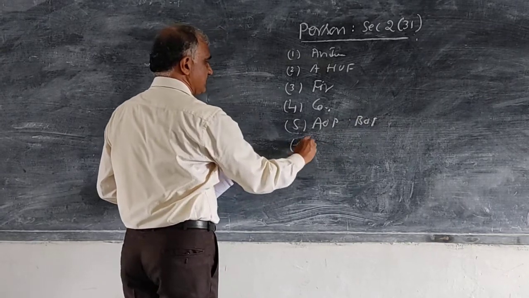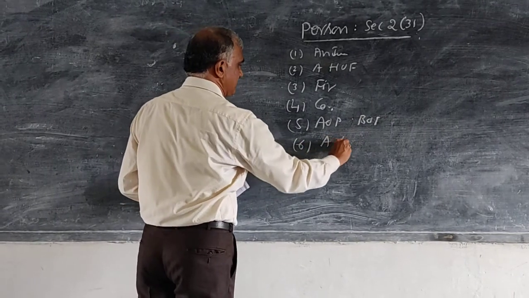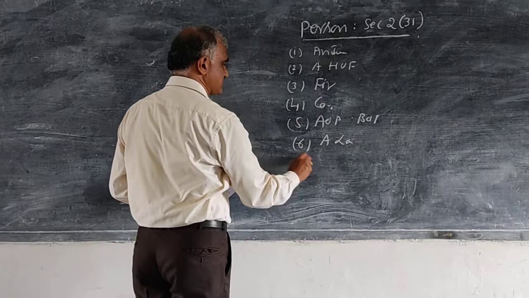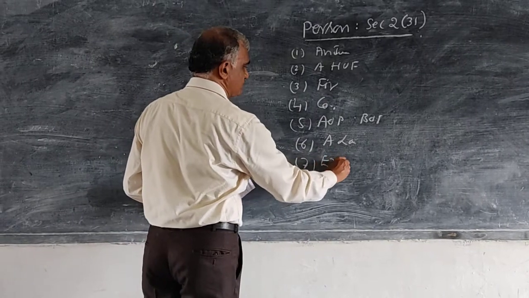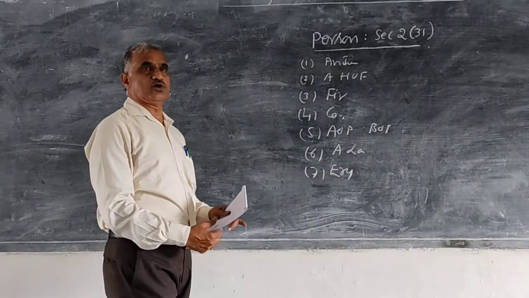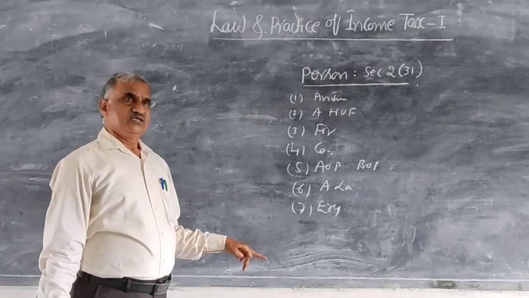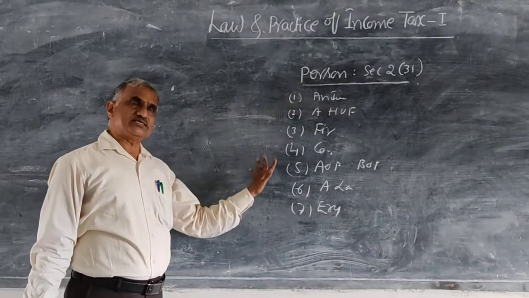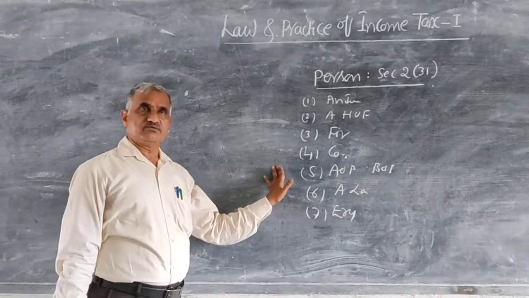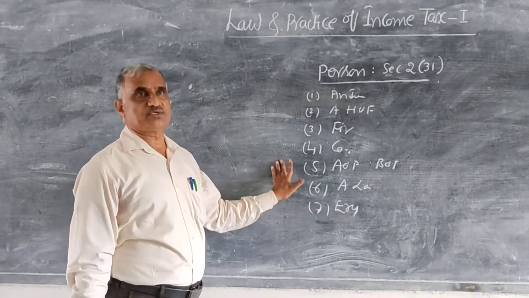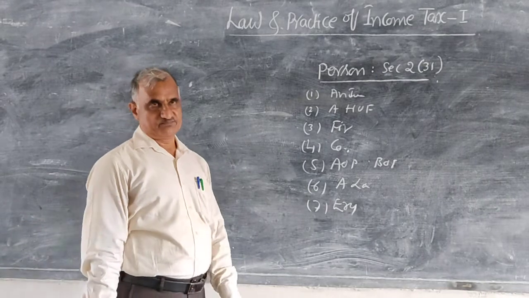Number 6, a local authority. Number 7, every artificial juridical person not falling within any of the above 6 categories. See, all these are called person for the purpose of the Income Tax Act 1961.